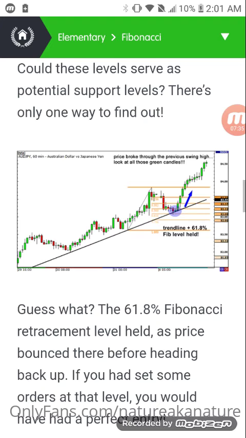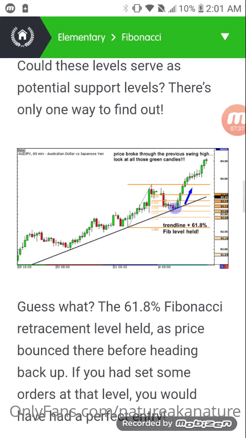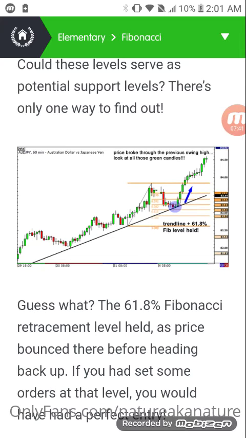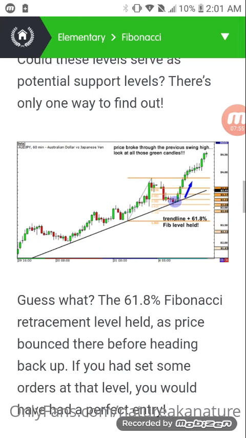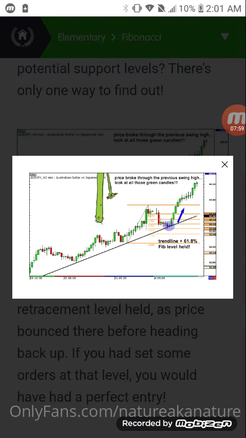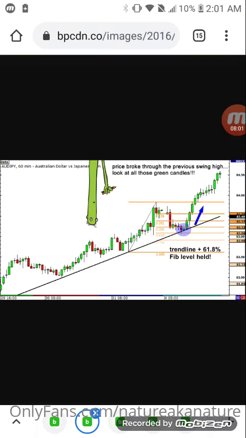Price did go to the 61.8 Fibonacci retracement level and held there for a little bit, and then price bounced off of there before heading back up. If you had put a pending buy order at that level, you would have had a perfect entry. So this is how we find sniper entries off the trend line.